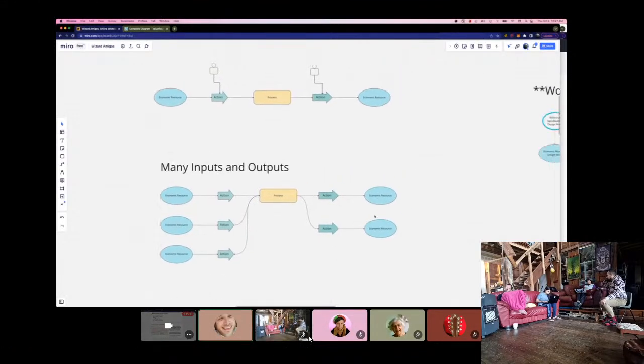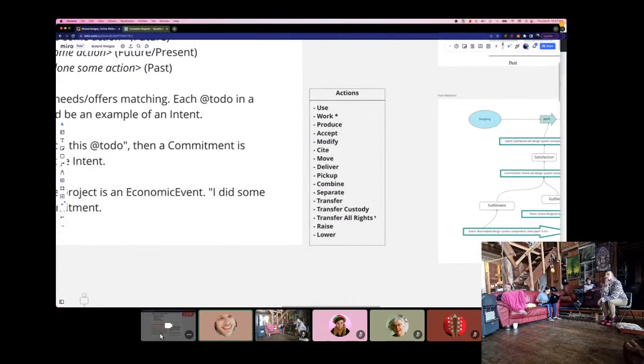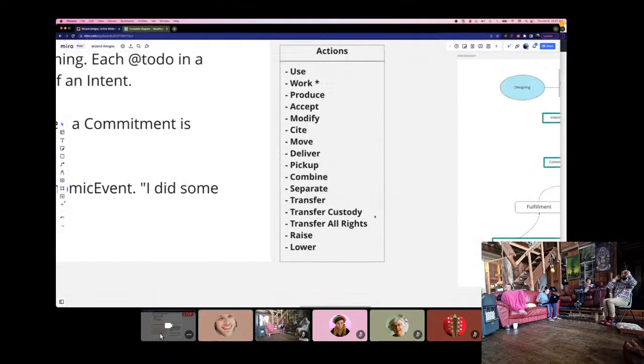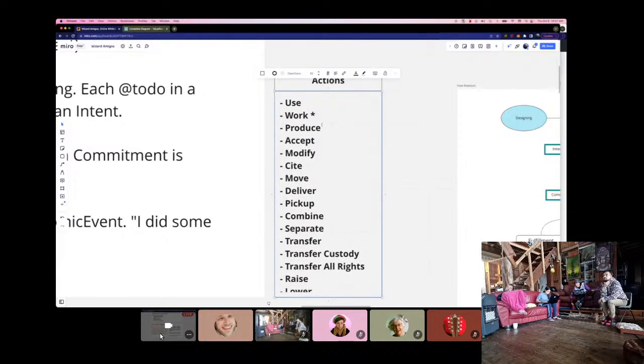So I think this is actually a pretty good time to look at what the actual actions are in Valueflows, to see what kind of stuff we can do. In the example with the pie, a lot of it is going to be consume. Do I even have consume on here? I don't. Well, let's add it. So you're consuming apples, you're consuming flour, but you might use a rolling pin.